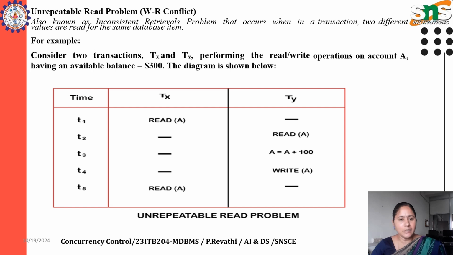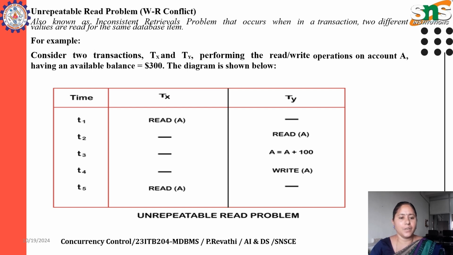At time T3, transaction TY adds 100 to the value of account A: 300 plus 100 is 400. At time T4, transaction TY updates the value 400 into the database.